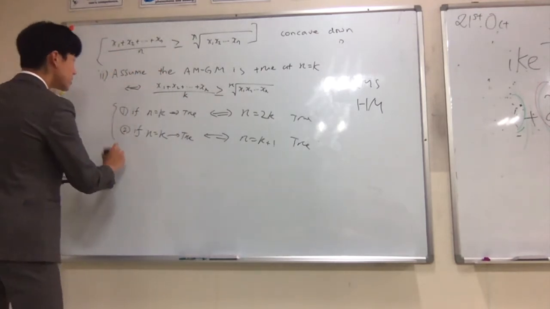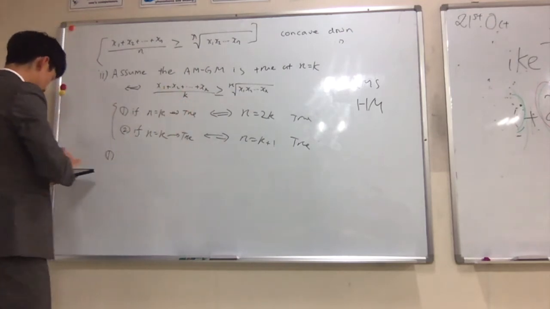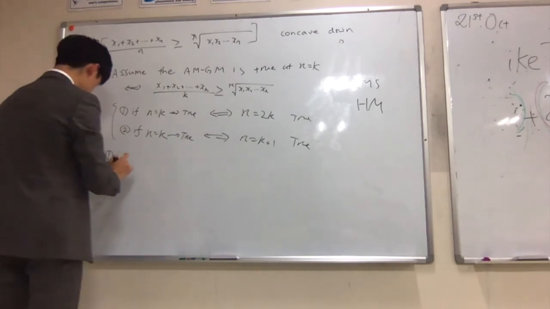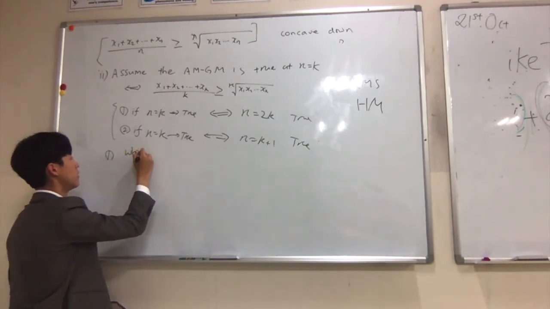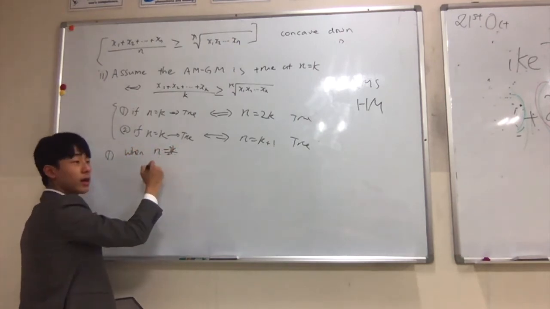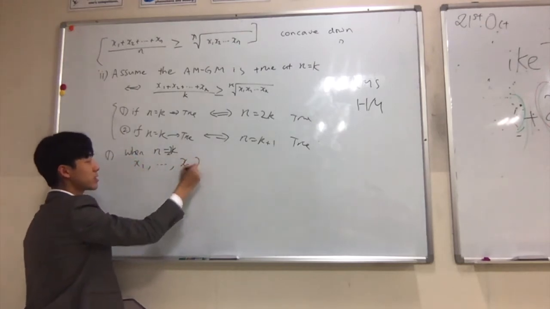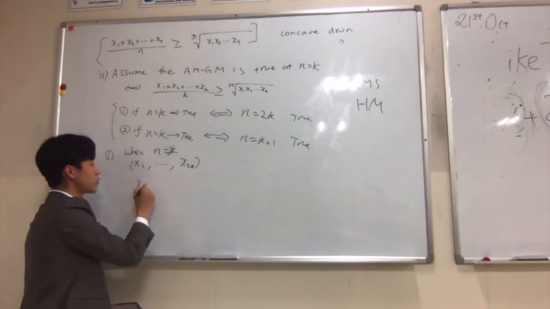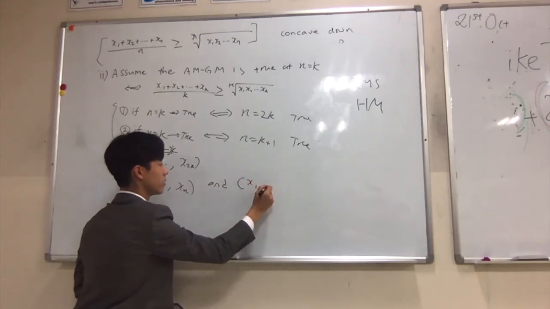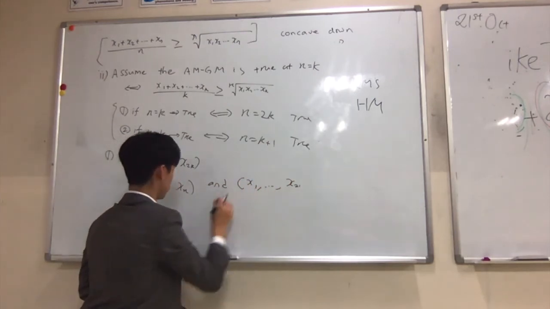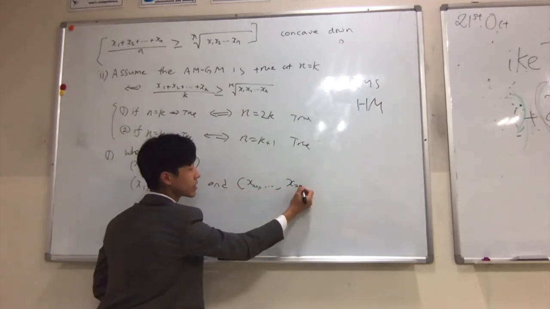So the first case is, let's try to prove that this is true when n equals 2k. So when n equals 2k, let's split. We first have x1 all the way up to x2k, and then split it up into x1 all the way up to xk, and x(k plus 1) all the way up to x2k.